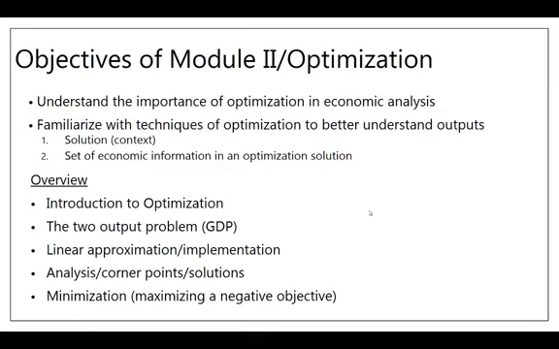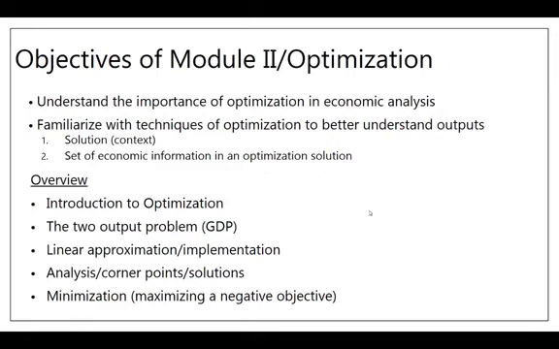Okay, and so we are going to, in this module, as one of our primary objectives, think about the importance of optimization to economic analysis, and familiarize ourselves with techniques, mostly to help us understand the outputs. When we solve an optimization problem, when we get the result, what kind of context can we attach to that?